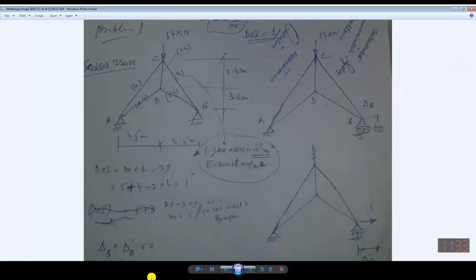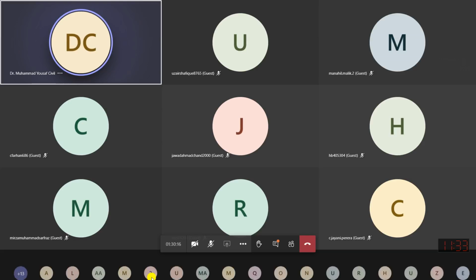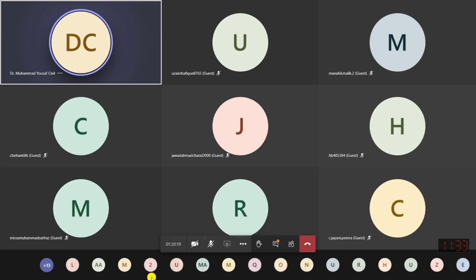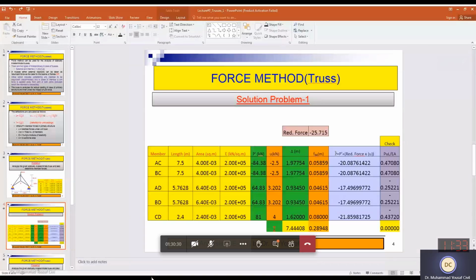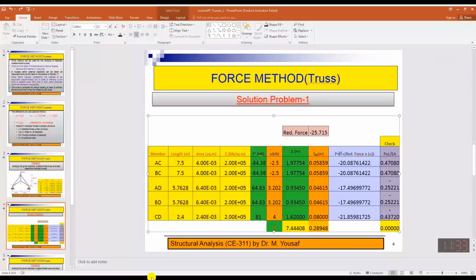I share it with you, and then we see how this can be calculated. Now, in this case, you can see this is written over there. P is equal to P dash. This is the force in the primary structure.